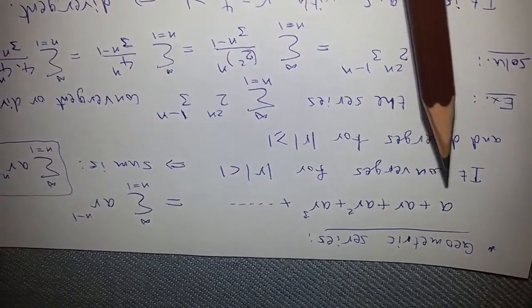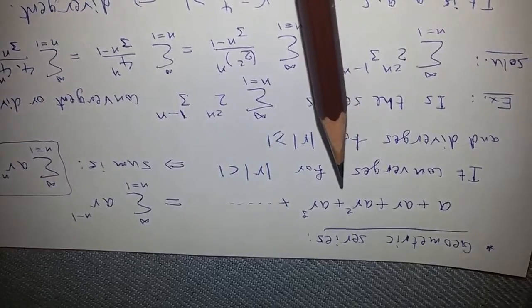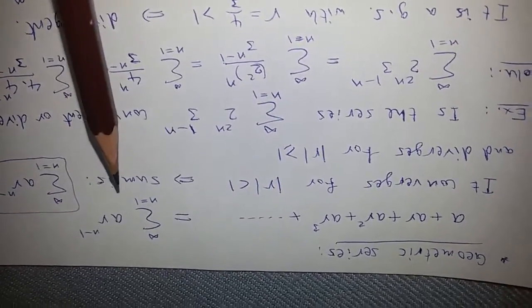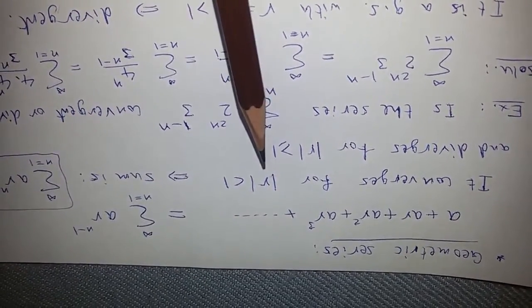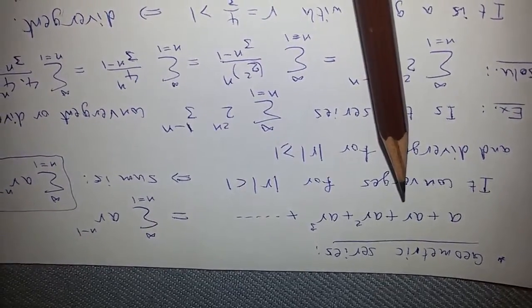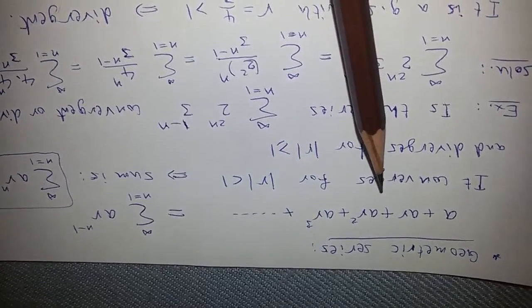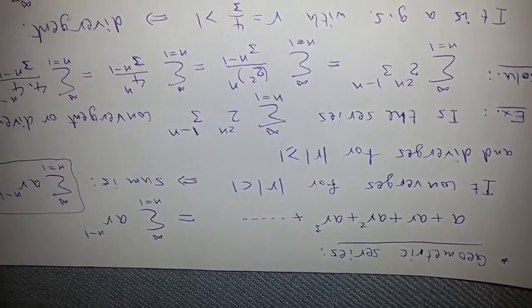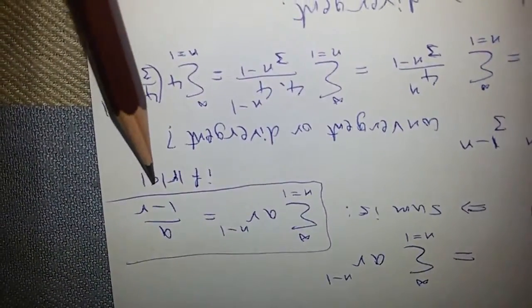The first term is important, and the ratio is important. The ratio is r. Well, this series converges under this condition. If the absolute value of r is less than 1, if this r is between -1 and 1, like 1/2, -1/4, then this series converges, and the sum would be given by this formula.